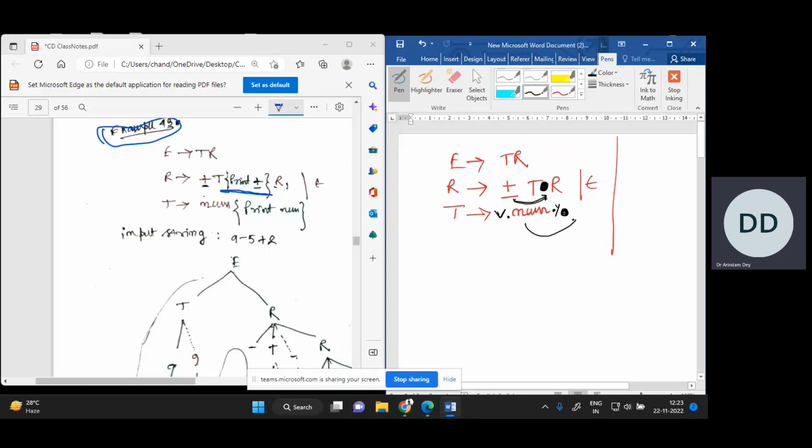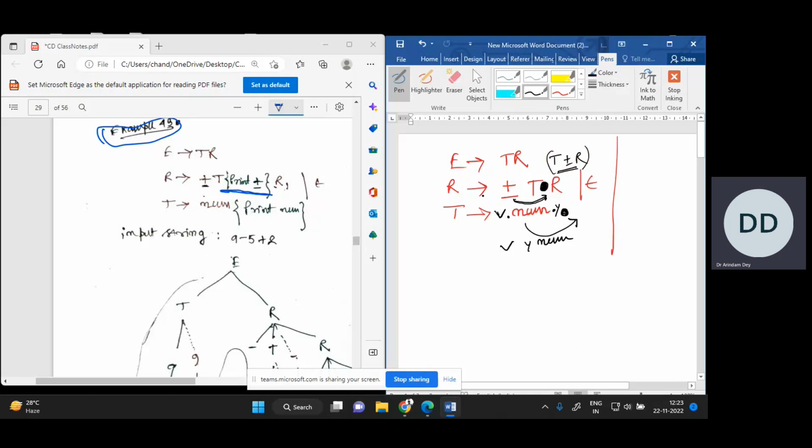But once I evaluate, the num will appear at the end. So the expression will be v, y, num. Here the expression will be t plus minus r. So basically I am showing semantic rules, but not explicitly. We are embedding those semantic rules within the production.